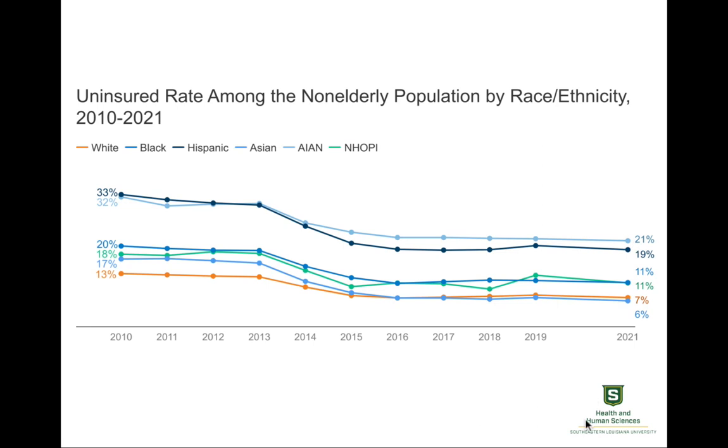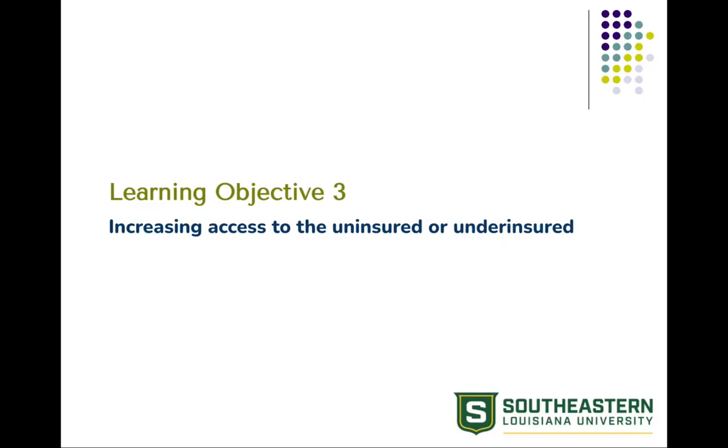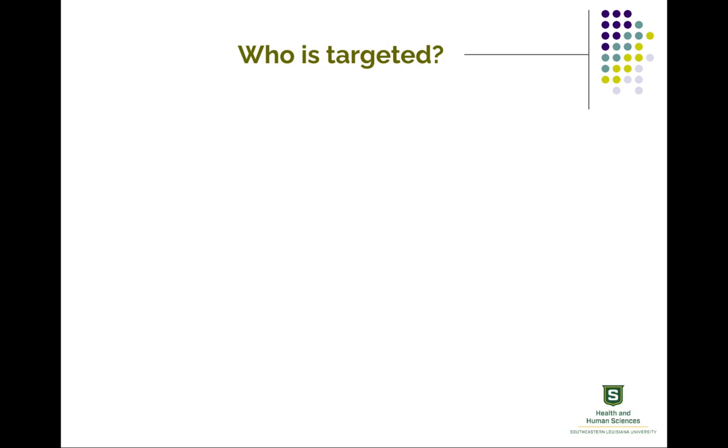So this is an example of where health disparity is showing up, and this is as a result of race. There have been a number of things done to improve access, particularly to the uninsured, but you have to target those who need help the most.